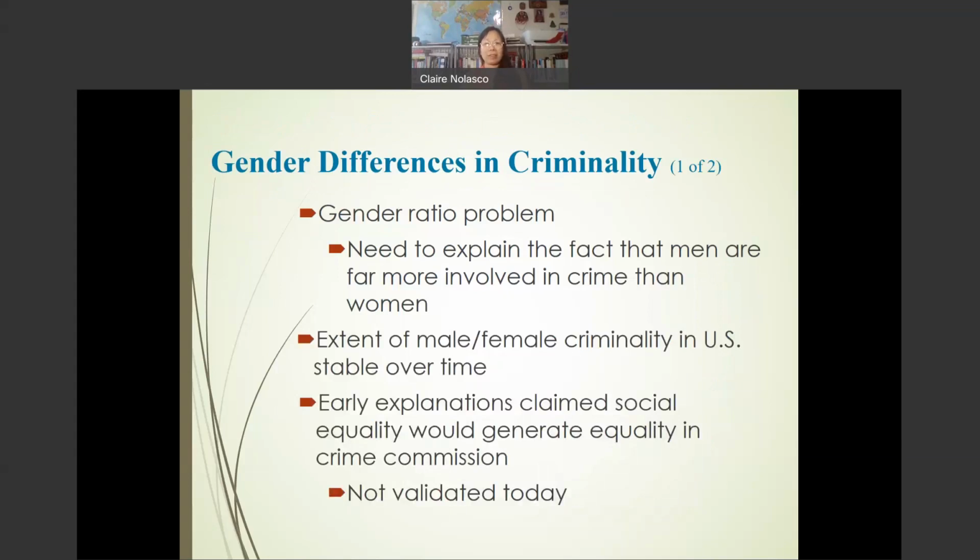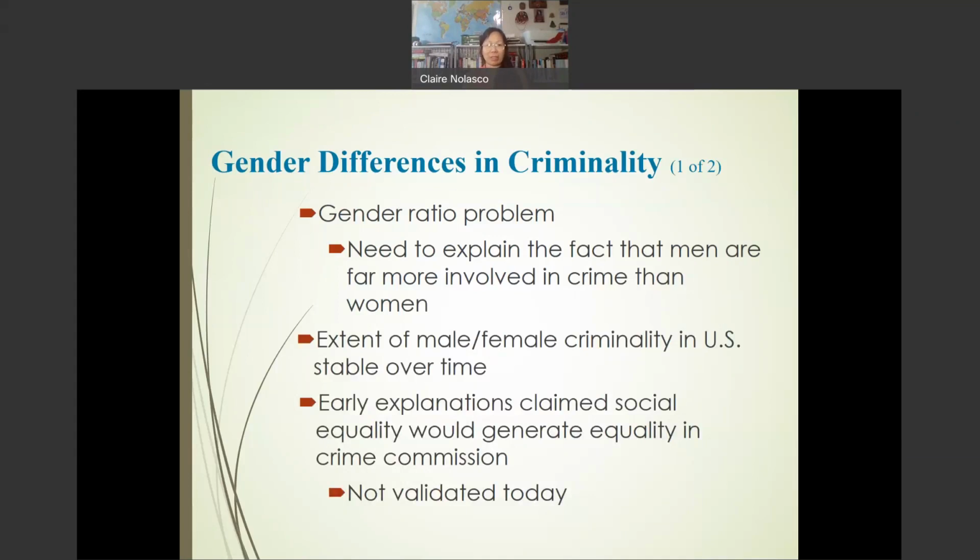There are also gender differences in criminality. If we look at the gender ratio problem, we need to explain the fact that men are far more involved in crime than women. In fact, the extent of male-female criminality in the US is stable over time.